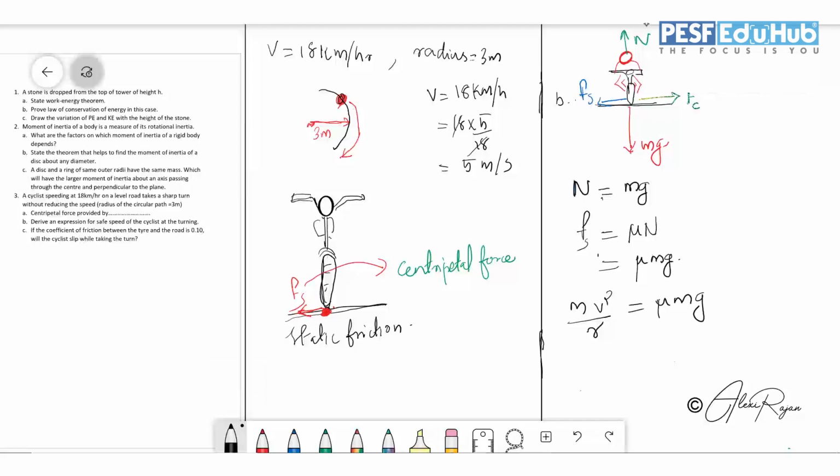From there, m cancels, r goes up, and the remaining gives v square is equal to mu r g. More precisely, v is equal to root of mu r g. Beyond this particular velocity, you will slip from the track. You will just go out of the track.